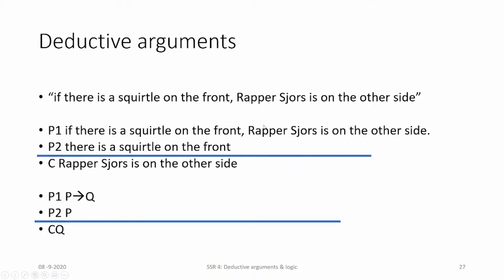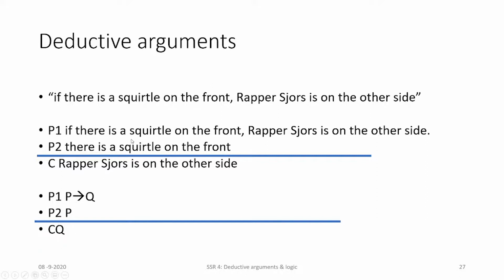Saying that if there's a Squirtle on the front, Rapper Source is on the other side, can be translated to if P, then Q. We know from studying those different valid forms of argumentation that two possible valid forms of argumentation can be constructed from this rule, if it were true. We can affirm the antecedent. So if P, then Q, we confirm P, and then the conclusion Q has to hold, which is what we do with the cards.